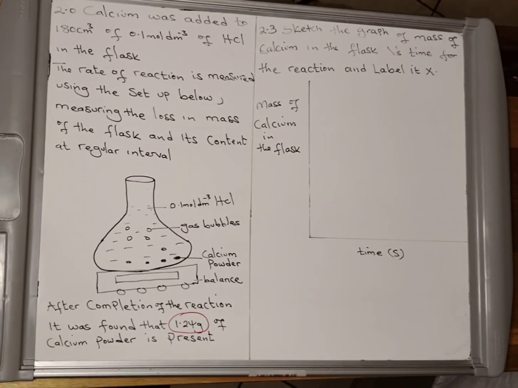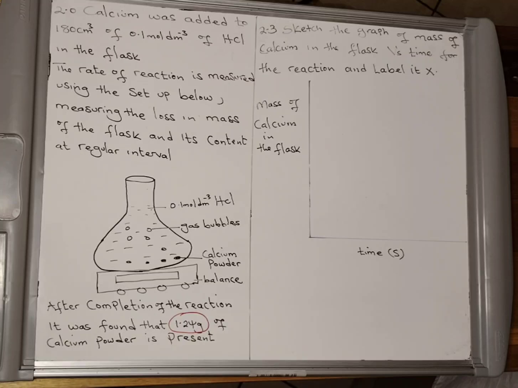Yes, we come to this question. It says, sketch the graph of mass of calcium in the flask versus time for the reaction and label it X. So when you look at this case, you have to ask yourself, what happens to calcium as time proceeds? Actually, the best question to ask is, does calcium increase or decrease as time proceeds?